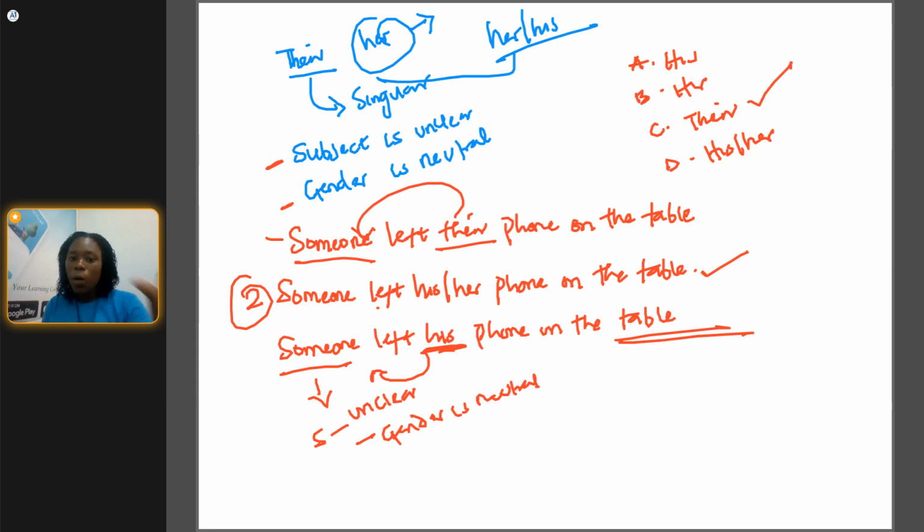This is more appropriate. This is not wrong, but because option C is here, it's better you go for option C because the subject is unclear and the gender is neutral.